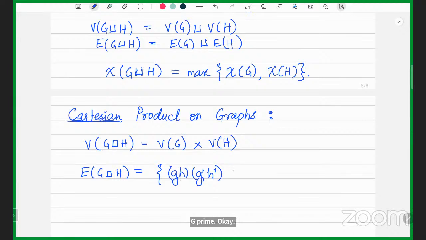This is going to be, collect those pairs from this.